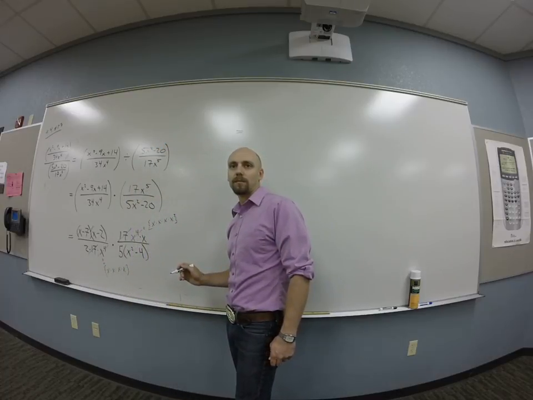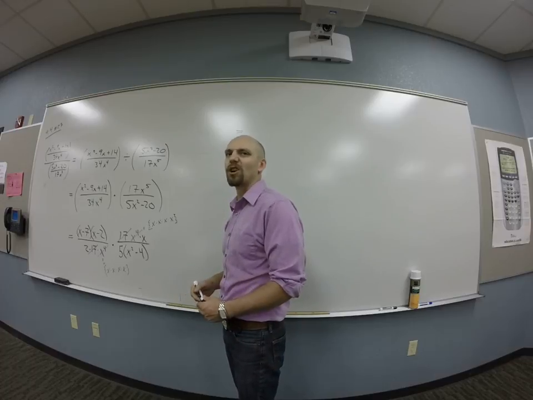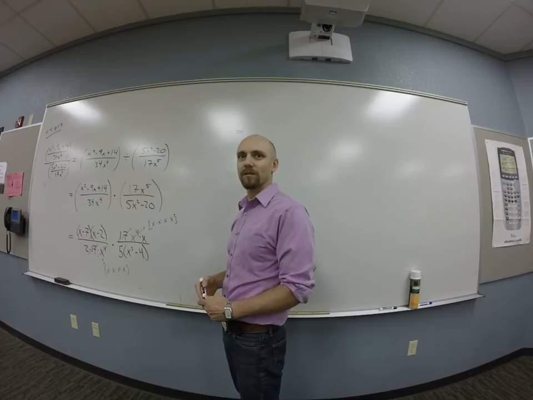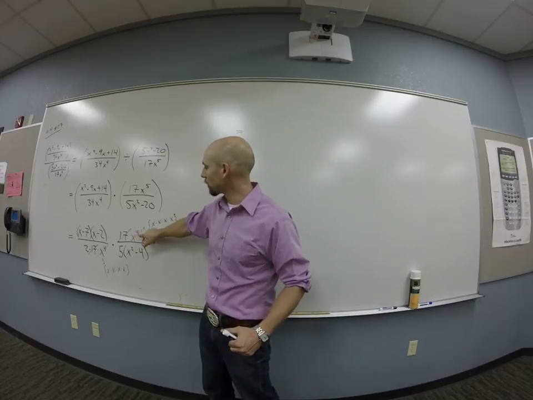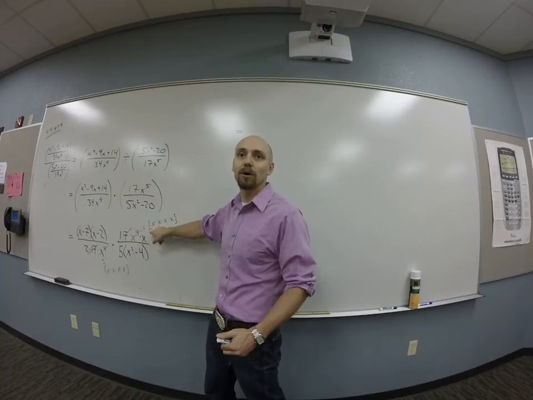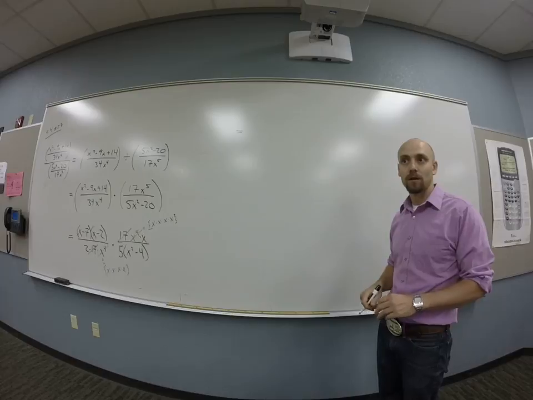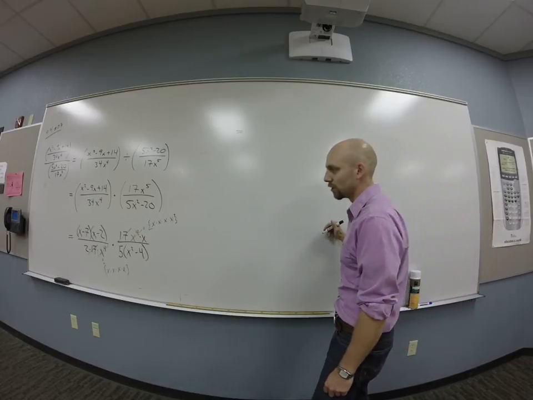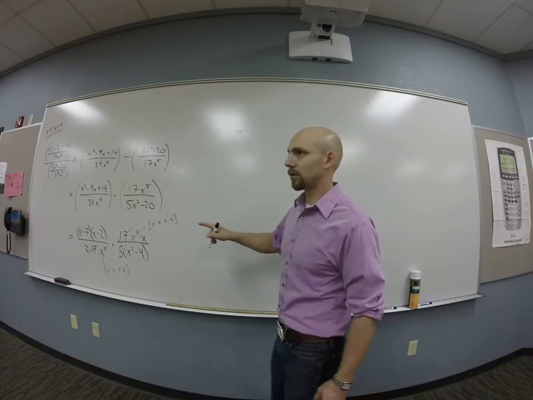That makes sense? So you can just take one out and leave it as x to the 1. That's really using an exponent rule: this is x to the 1, and when I multiply x to the 4th times x to the 1, I add the exponents, I get x to the 5th. Cool?